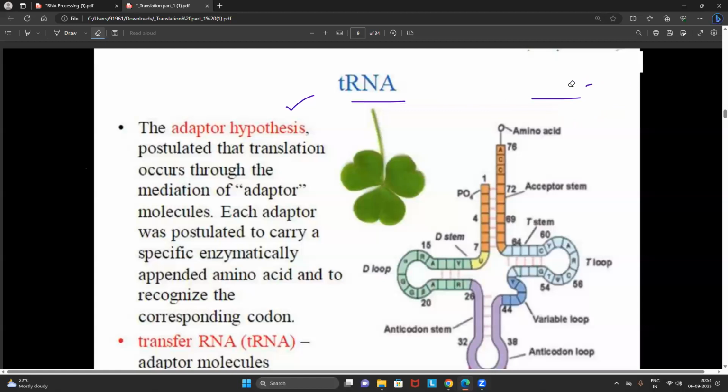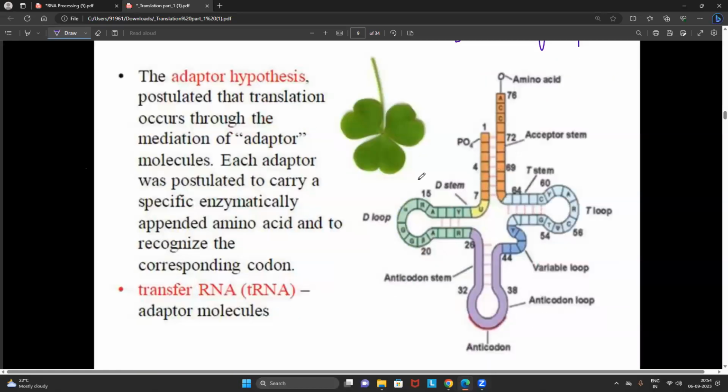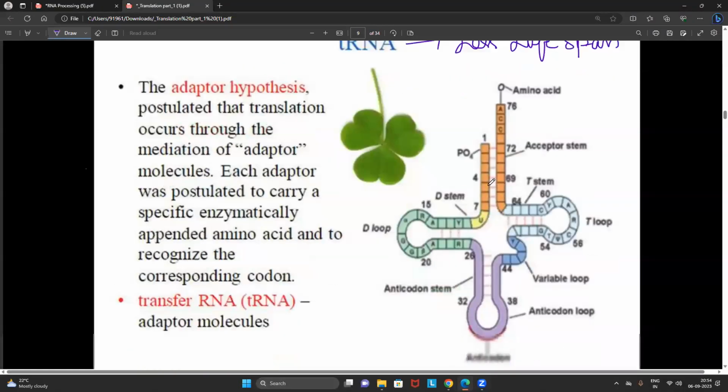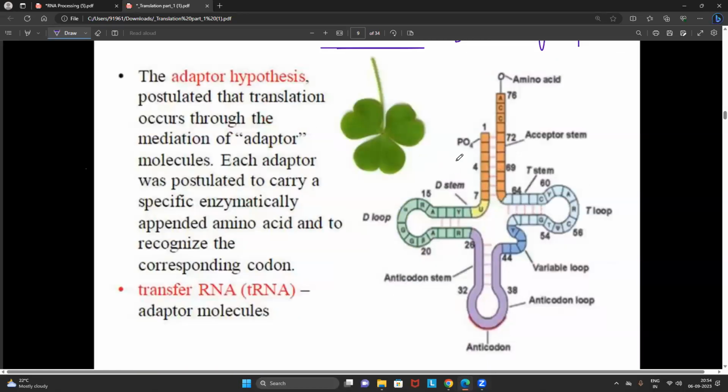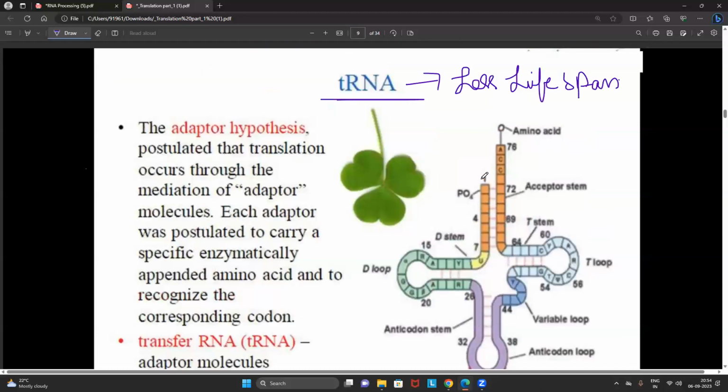And I also told all of you last time, friends, that compared to all types of RNAs, tRNA is the type of RNA which has a shorter lifespan. Never get confused with that point. Always remember it. Now look into that. Once tRNA gets synthesized successfully, the moment it is synthesized, it undergoes foldings.